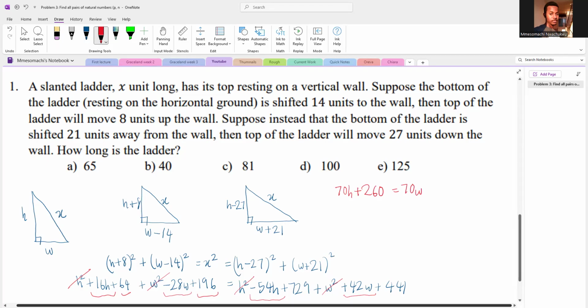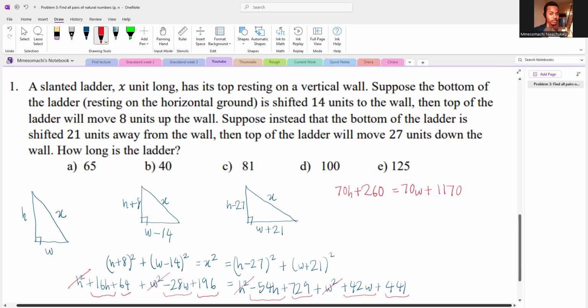And now we can look at 729 plus 441. Let's just do it quickly here. It's going to be 1170. So let me erase this. Now we have 70H plus 260 equals to 70W plus 1170.